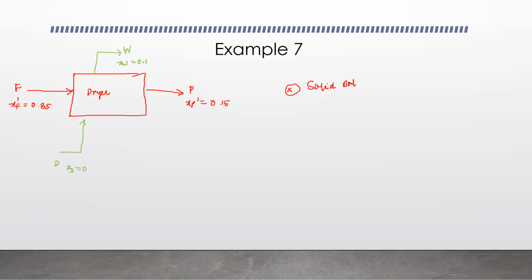That would be (1 minus XF dash) into F is equal to (1 minus XP dash) into P. So we'll get 0.15 F is equal to 0.85 into P. Since we don't have F and P, we'll keep this as 0.15 F minus 0.85 P is equal to 0.